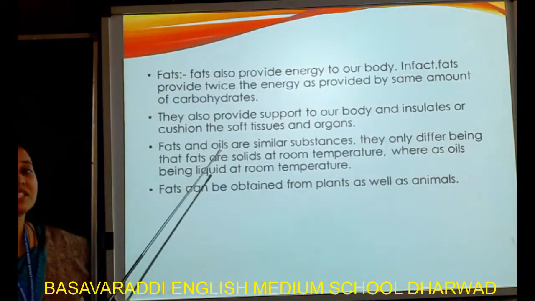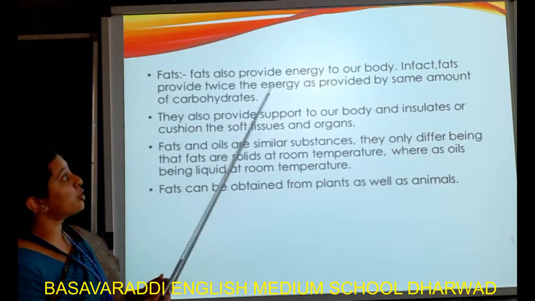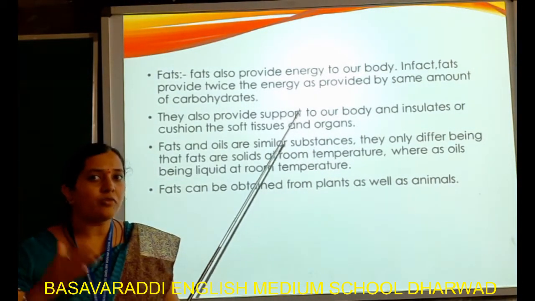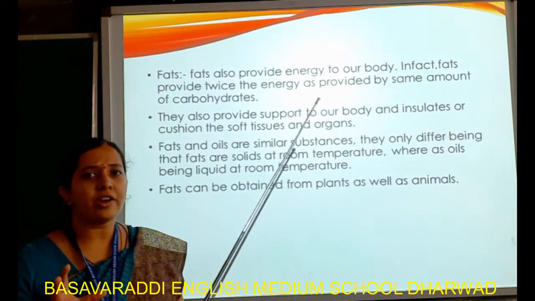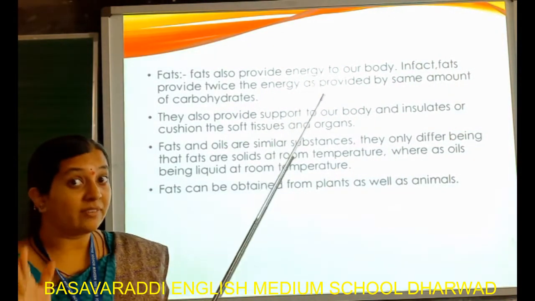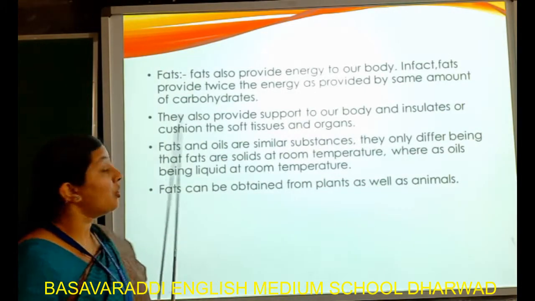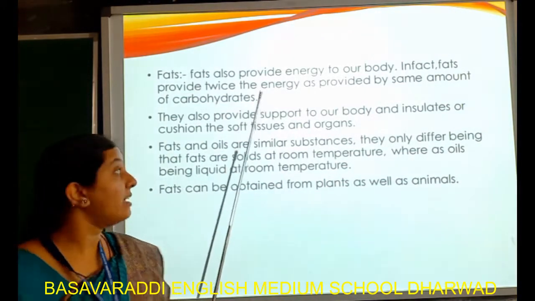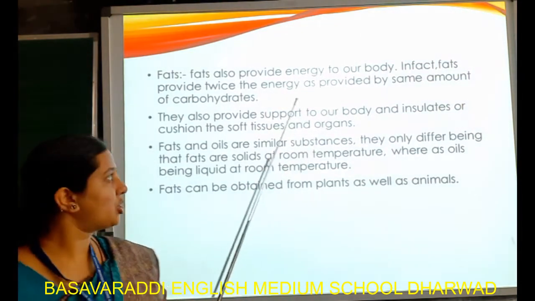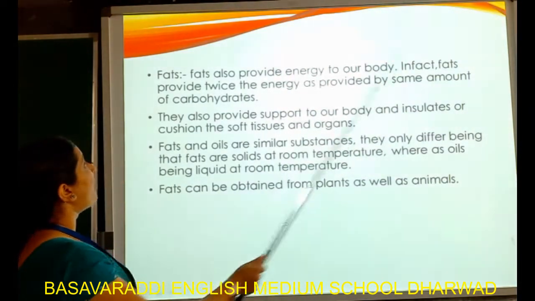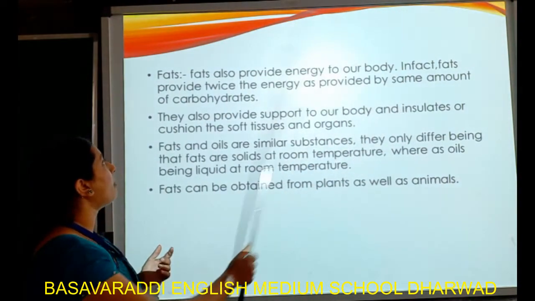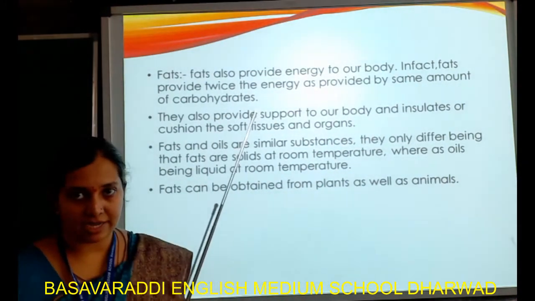Next we have is the fats. Fats also provide energy to our body. Until now we knew that only carbohydrates provide energy to our body, but fats also provide energy. In fact, fats provide twice the energy as provided by the same amount of carbohydrates.